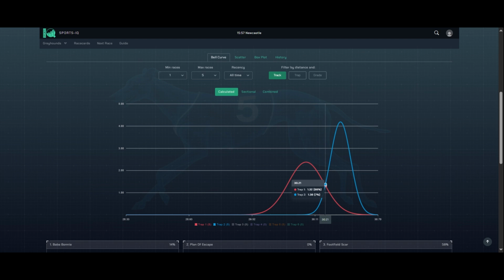So that is straight away an indicator that trap 2 is a slower dog than trap 1. If we look at that tooltip, we can see at this point where those two curves meet, trap 2 only has 7% more curve that's faster at this point, but trap 1 has 86% of its curve left, which is faster.